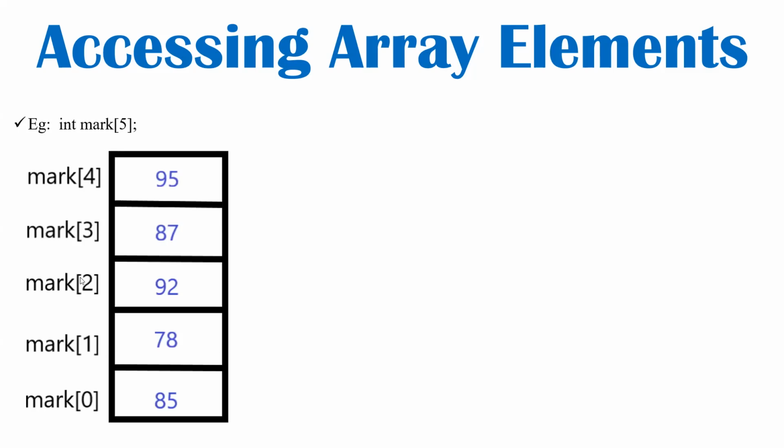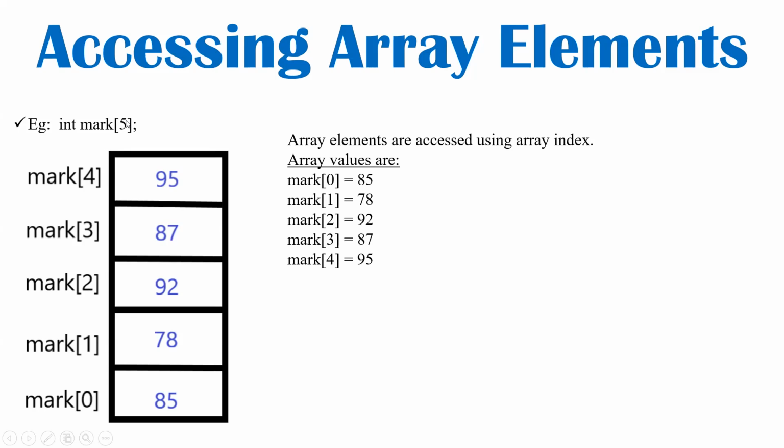Here I have this array. How many elements in mark? 5 marks. So 5 elements we can store in this array. The first element index is 0, second element is 1, third element is 2, fourth element index is 3, and the fifth element index is 4.